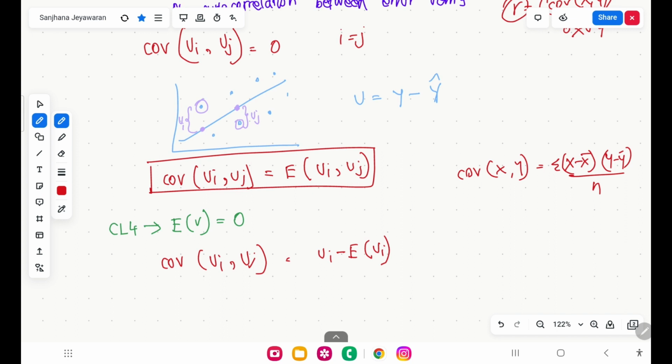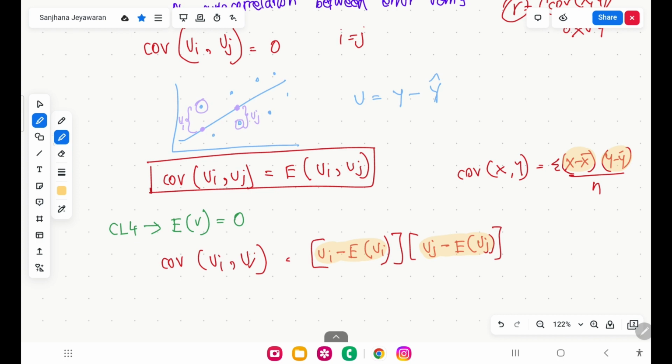That's the first part. Then we write uj minus the expectation of uj. I am applying the same concept we learned earlier, x minus x bar, so I've got ui minus its mean, and likewise for y minus y bar, uj minus its mean.